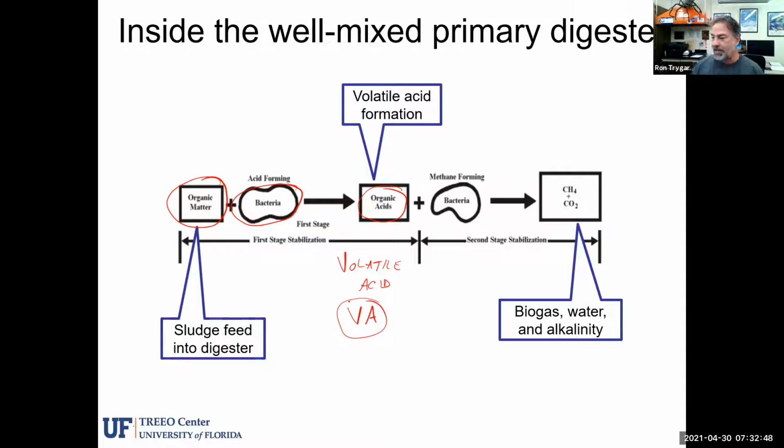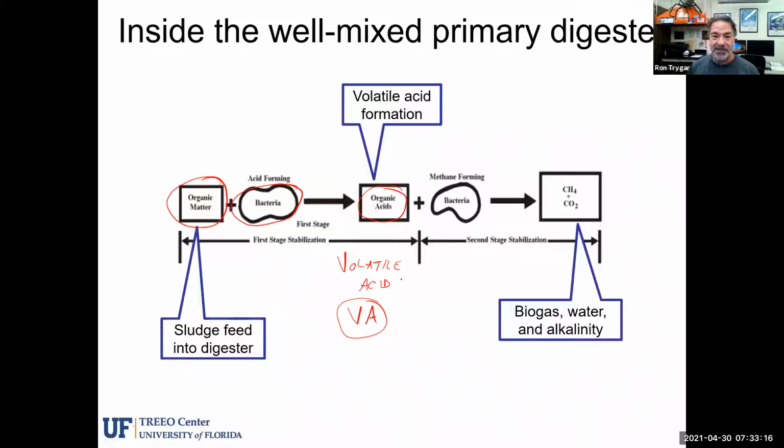VA for organic acid, volatile acid formation. Think about what I have here in front of me, this little bottle of white distilled vinegar. This is considered acetic acid, or a weak form of acetic acid, but vinegar. And it's similar to some of these volatile acids that are being formed in the digester. There's acetic acid and propionic acid and valeric acid and butyric acid all being formed, but those are volatile acids.